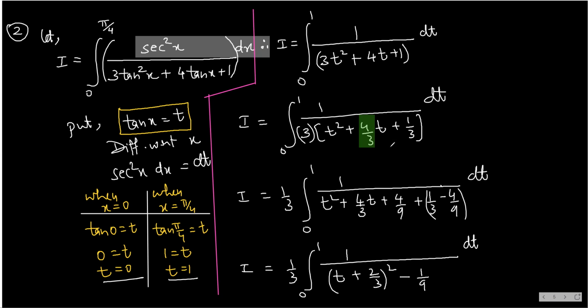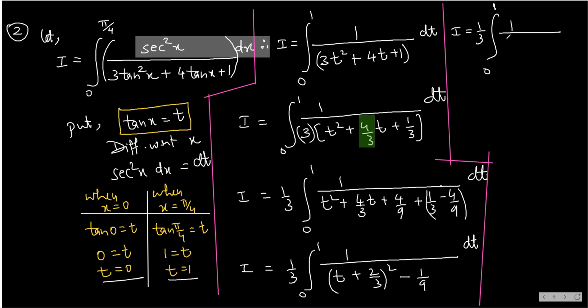So the next step, what I do is, in the next step, I write I equals 1 upon 3, integral from 0 to 1, 1 upon (t plus 2 over 3) square minus (1 upon 3) square, dt.